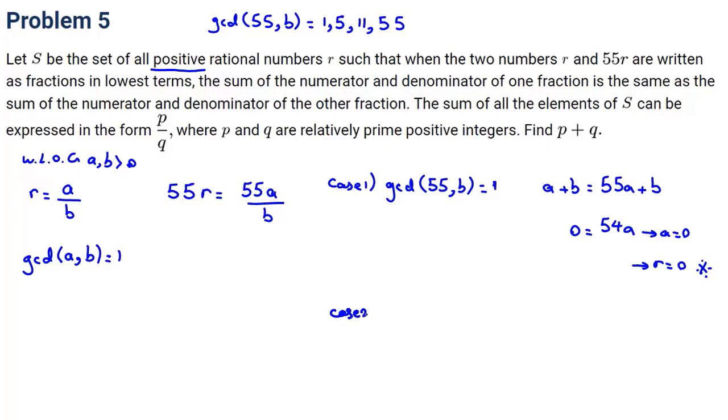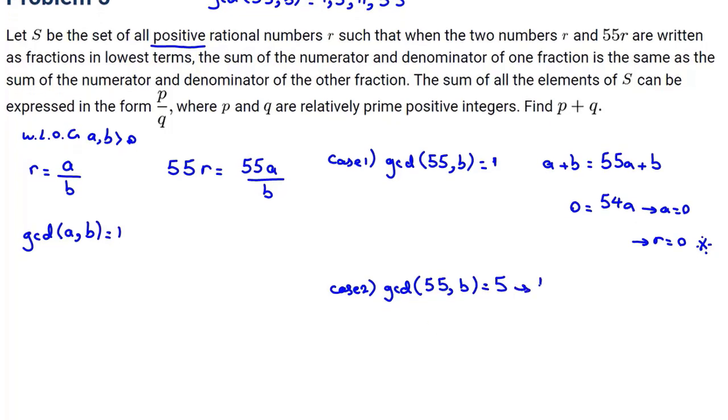Let's consider case 2. If GCD of 55 and B equals 5, it means that B equals 5B prime. So 55R equals 55A over, instead of B, we write 5B prime. From here, we divide both numerator and denominator by 5. It will be 11A over B prime. Now we know that B is not a multiple of 11 because of this.